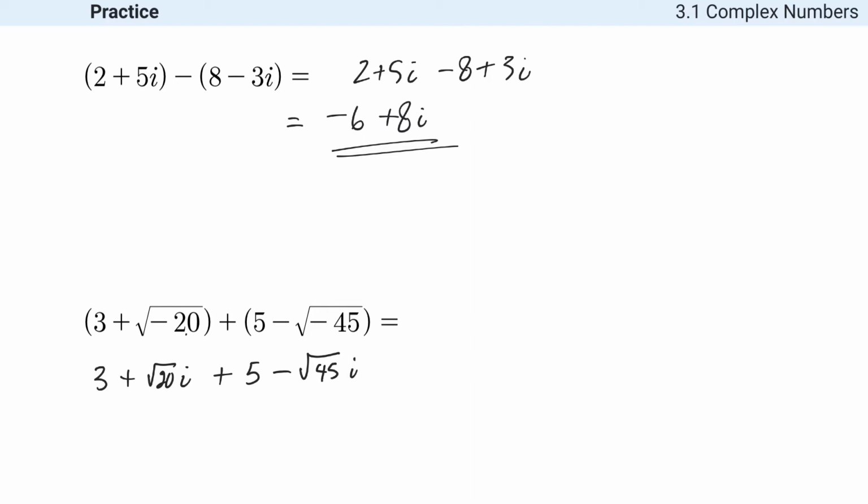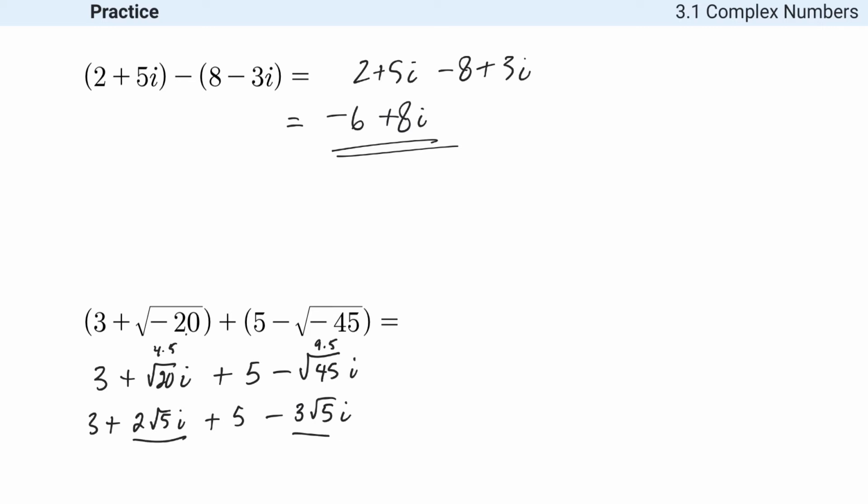Currently I can't, but let's see if I can simplify it. Root 20 is 4 times 5, right? So square root of 4 is 2, so I could write this as 2 root 5 i plus 5 minus 45 is 9 times 5, so this is the same as 3 root 5 i.